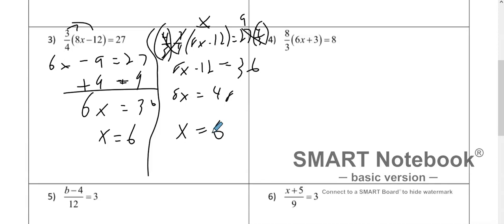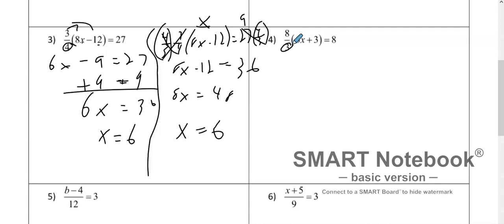Okay? Same thing here. And the reason I know it works is this 4 is a factor of 8 and 12. Okay? So I could multiply it, and it's going to simplify pretty easily. Just like this 3 goes into 6 and 3. So it's going to end up nicely when I distribute the 8/3. But if I multiply it by the reciprocal, I get rid of it.